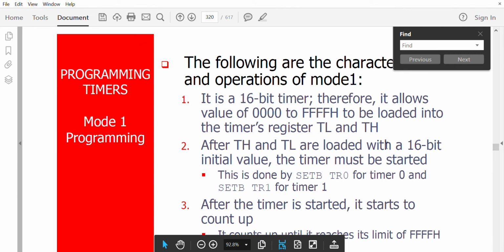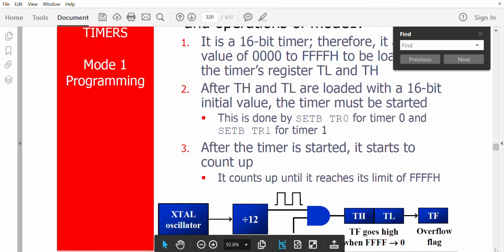We said that it is started using set bit and stopped using clear bit. So SETB TR0 for timer 0, and if you are using timer 1, then SETB TR1, to start.